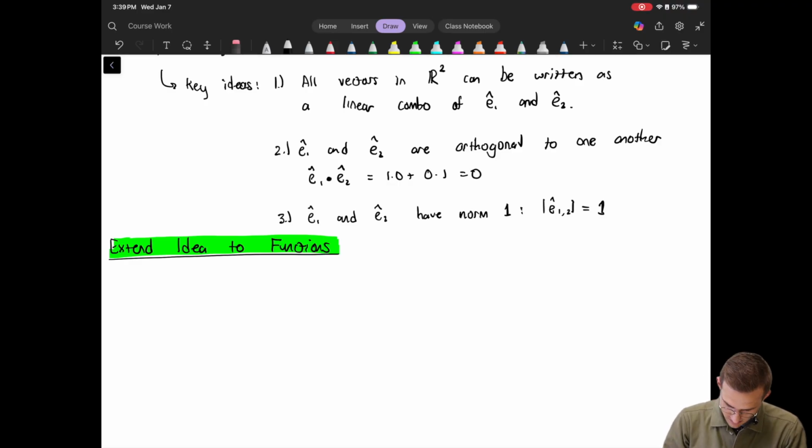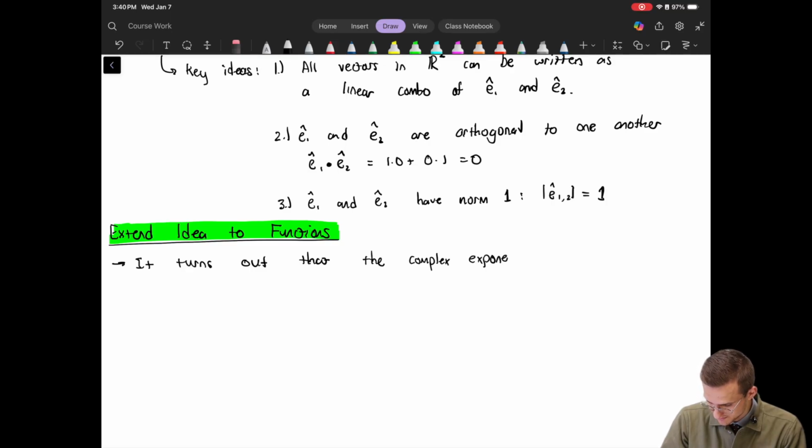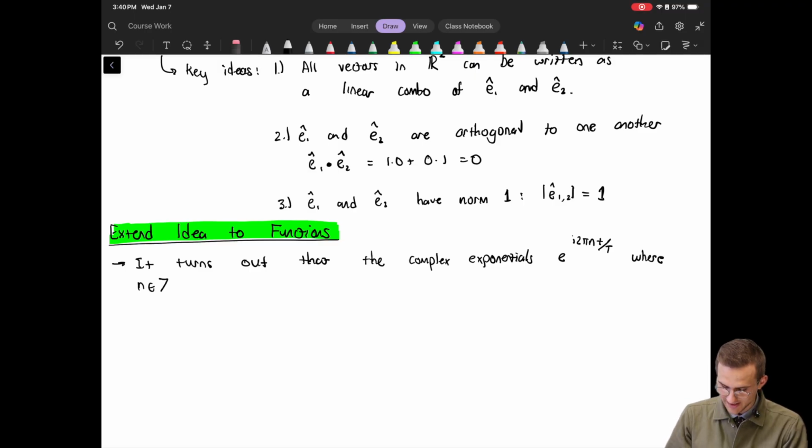And so it turns out that the complex exponential functions, which are like e to the i 2 pi n t over T, where n is an integer, using this funky notation, n in Z, those complex exponentials form an orthonormal basis for L2, that function space that we came up with, right?